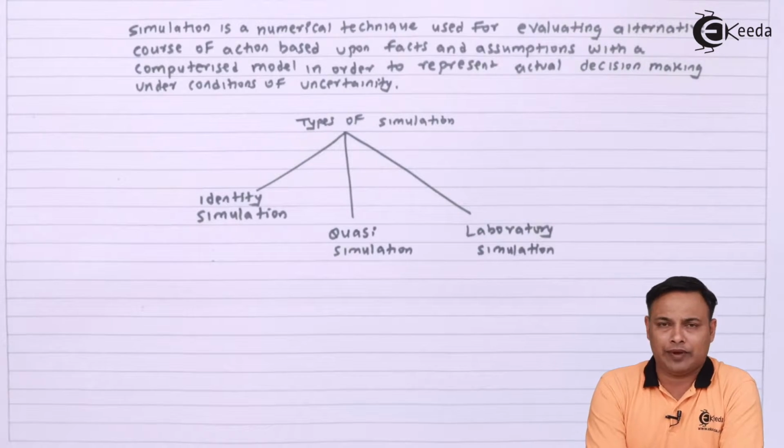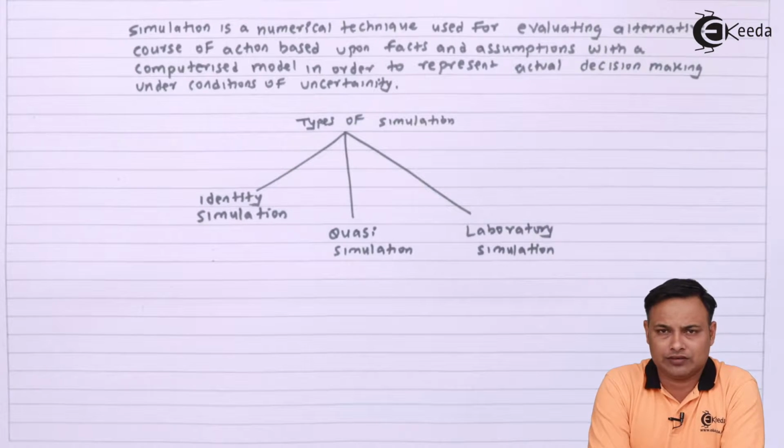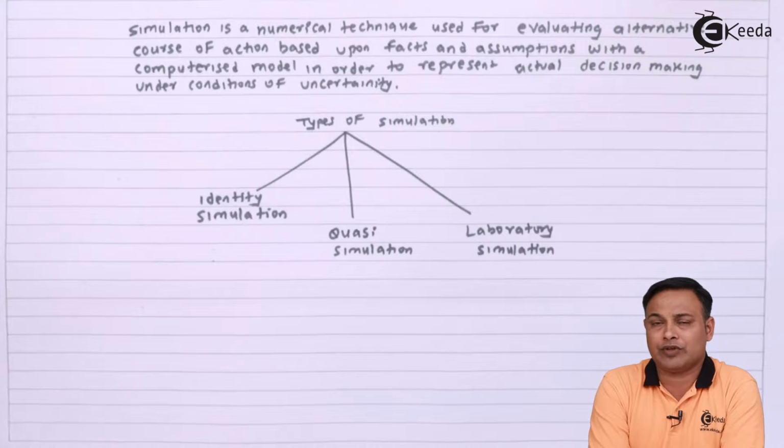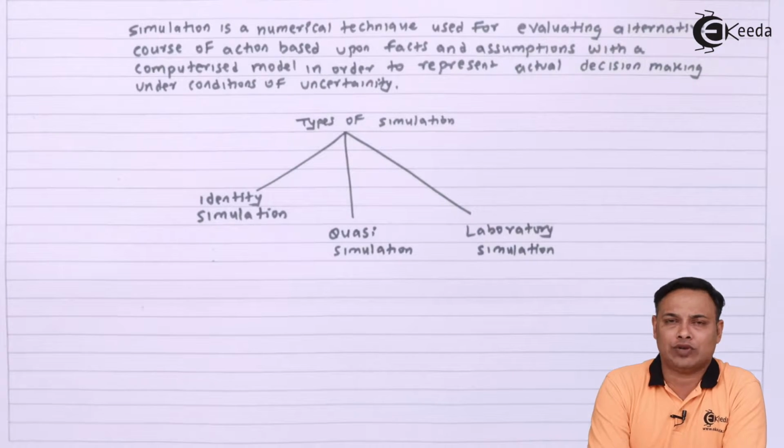So as a bank manager, I might like to simulate the number of account holders or the clients who are going to visit my branch at a particular time of the day in all the departments. That can be called an identity simulation.